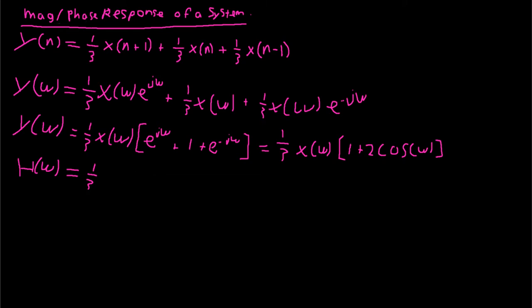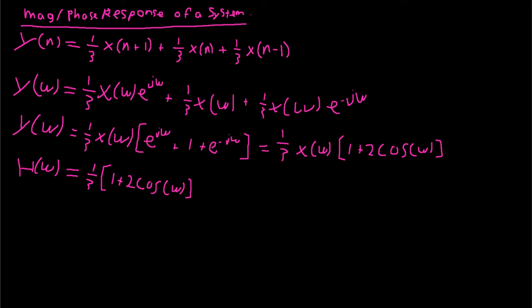Let's erase that. Now instead we'll just have 1/3 times 1 plus 2 cosine w. So from here we can definitely find our magnitude response.